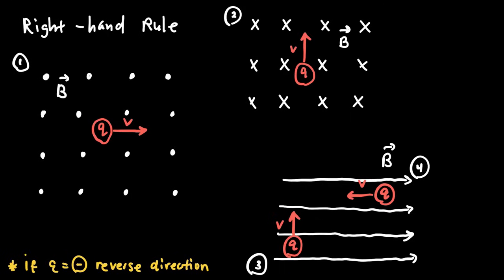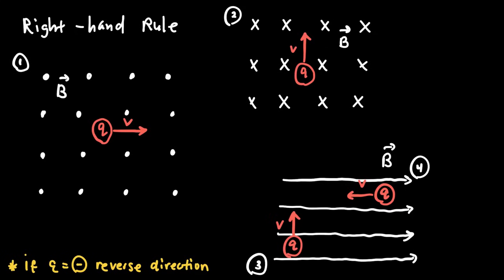And so if we're using our right hand for the magnetic field and charged particle that are labeled number 1 on the left-hand side, my fingers are pointing to the right of the screen, and the dots represent a magnetic field that points out of the screen. And so I need to curl my fingers out of the screen, which means I need to turn my hand upside down.